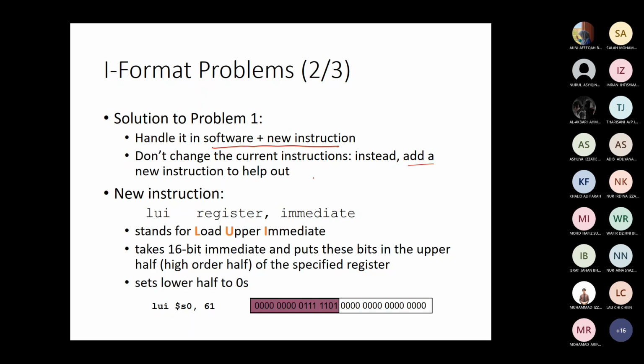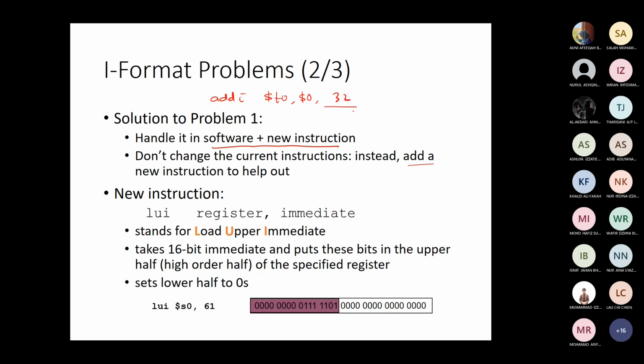Do remember when we ADDI like this: register T0 and then register 0, and you want to add a number, let's say 32.